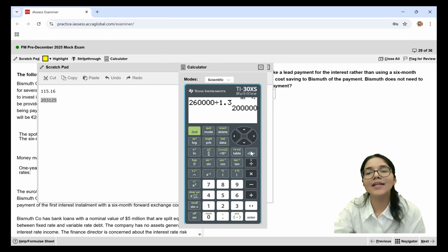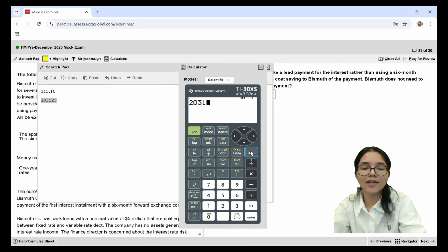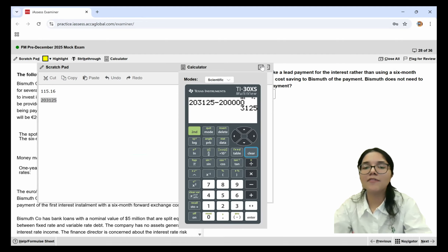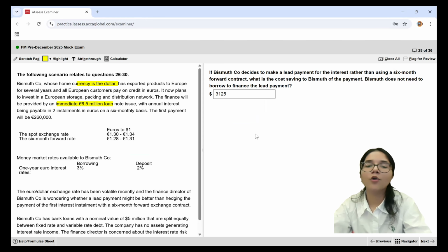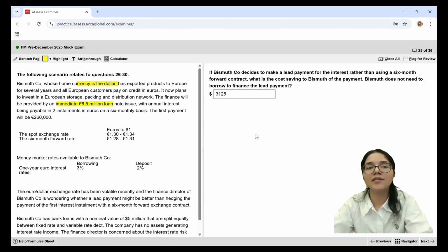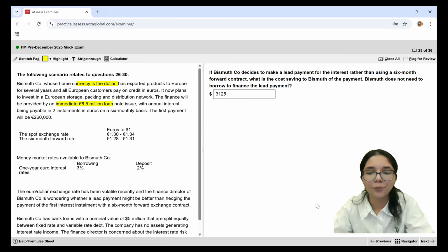So I end up saving some money. How much do I end up saving? 203,125 minus 200,000. That means a saving of $3,125 is possible if I go for a lead payment. Rather than waiting 6 months, if I get my dollars converted into 260,000 euros today itself, I can save $3,125 with the lead payment.